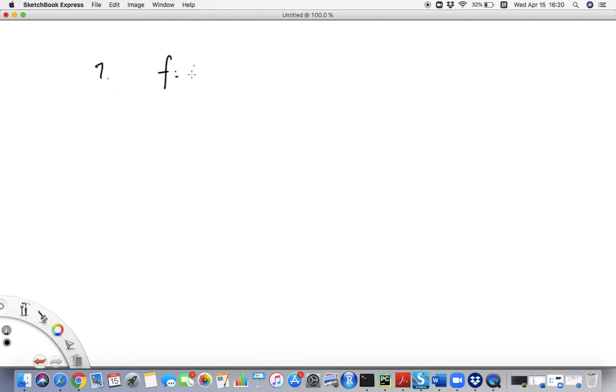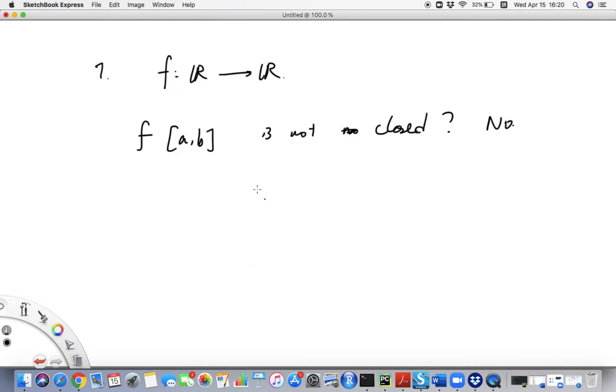So we have f, a continuous function from R to R. So can there be a bounded closed interval [a,b] such that f([a,b]) is not closed? The answer is no. Or in fact, you can show that the image of a closed and bounded interval under a continuous function is another closed and bounded interval.